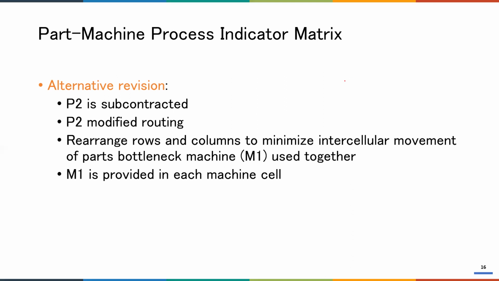Or maybe we can add more machines. For example, we provide M1 in each machine cell, or rearrange the intercellular movement for the use of machine 1. For that, it's going to be a bit complicated because we do it with trial and error.